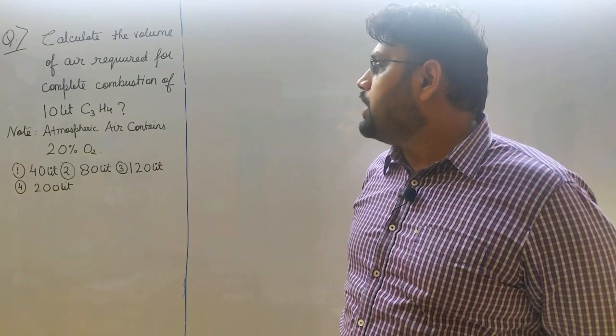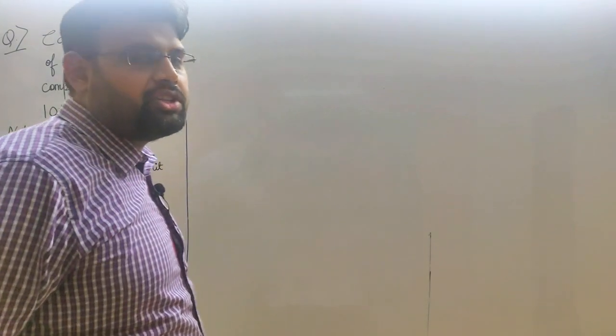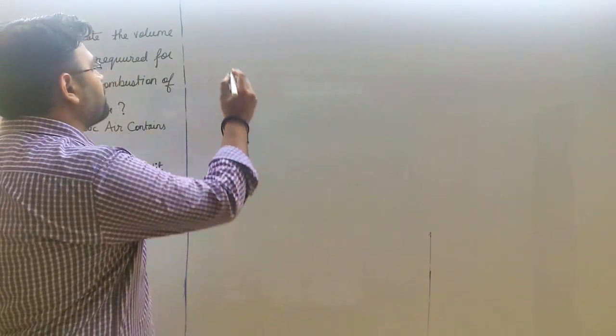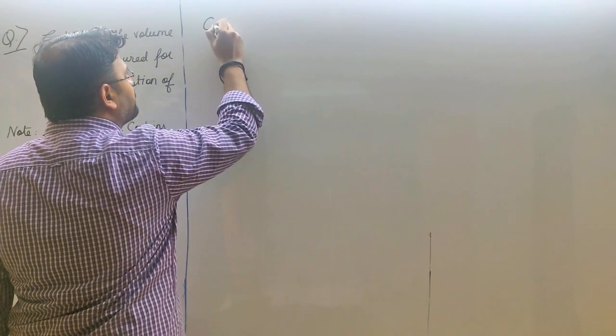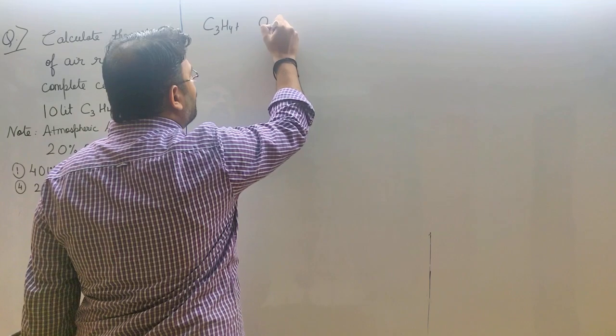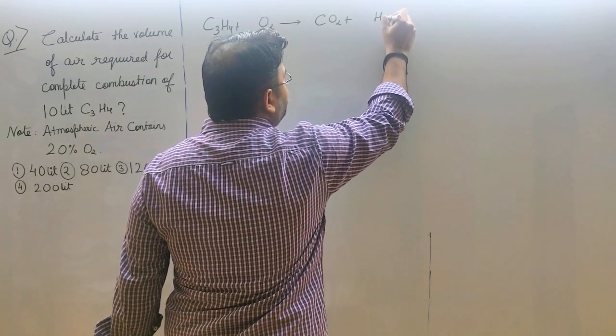Okay, so atmospheric air contains 20% of oxygen. We will use this information later. First, see what is the first step. First step is to write the combustion reaction. Which hydrocarbon do we have? C3H4. Combustion means reaction with oxygen will give you CO2 plus H2O.